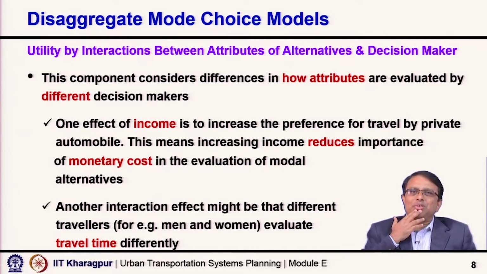So, it is not only the cost, it depends on some function of cost and income, that is the interaction, right. If we take only the income separately, then it is a socioeconomic characteristic, and it goes in that set of variables. If I take only fare, then it is describing the attributes of the alternative, but here I am taking interaction, a function of fare and income.